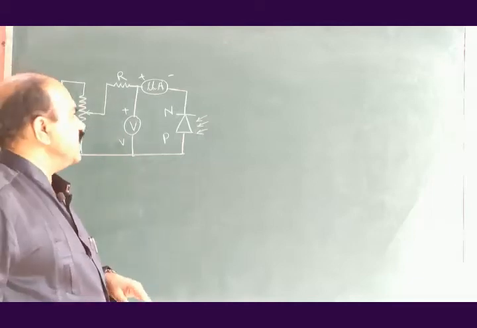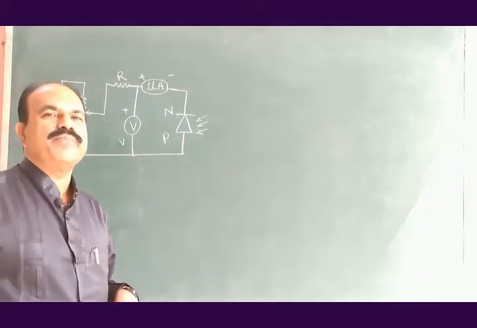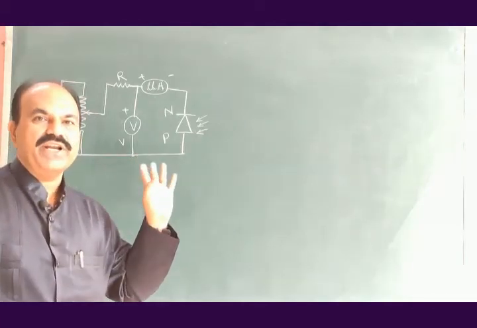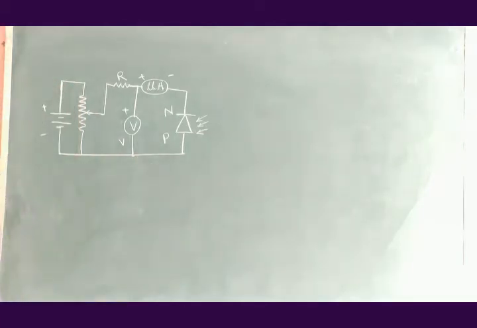This is in general the circuit diagram for the photodiode in reverse bias. Whether it is working? Yes, it is working.